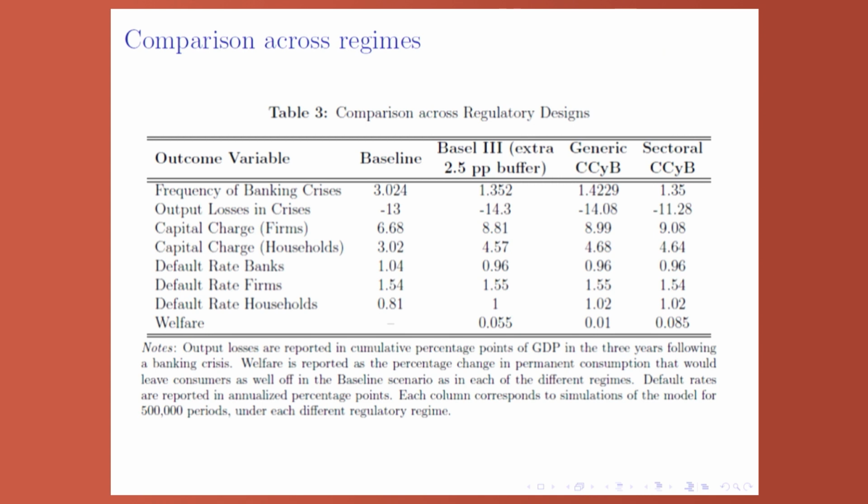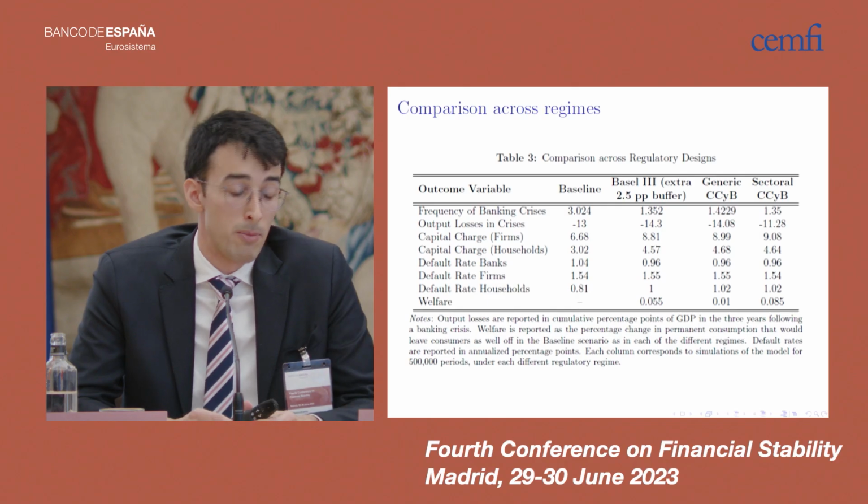And basically, in Basel III, we are cutting that frequency to roughly half. But in terms of the output losses in the event of a crisis, then essentially the buffer that works best at cutting those output losses is the sectoral CCYB.